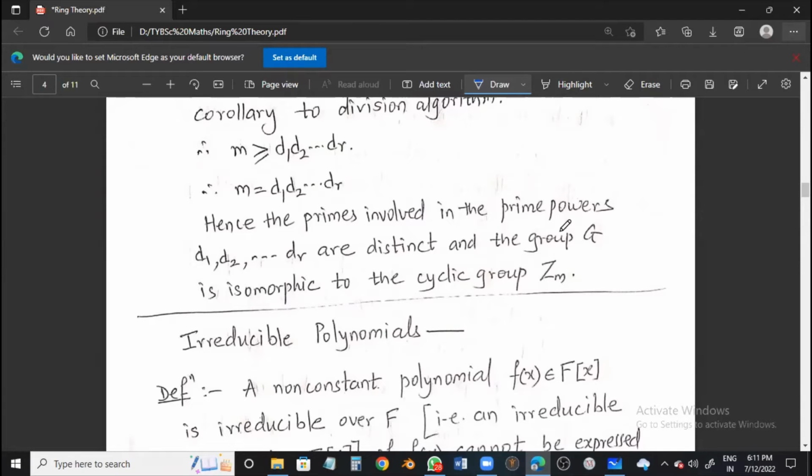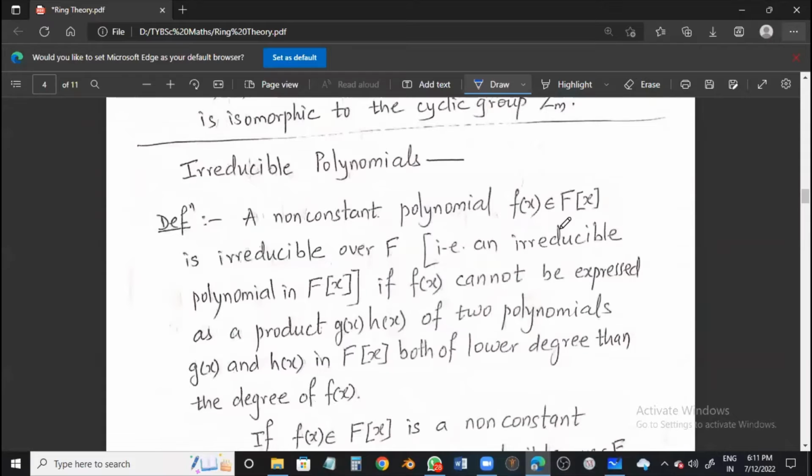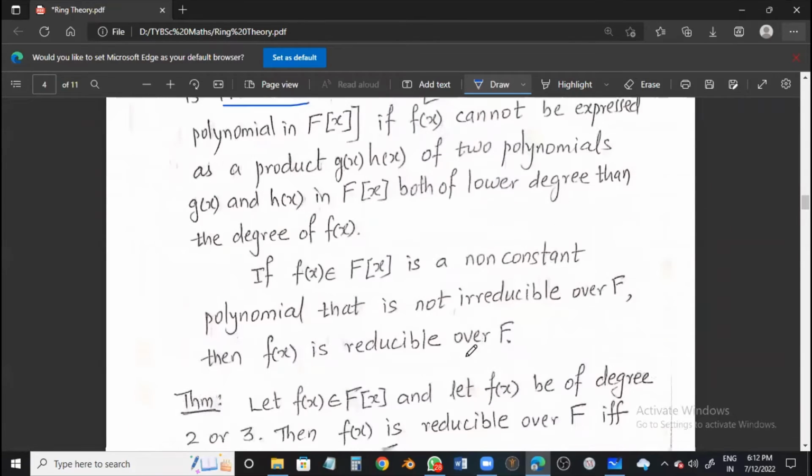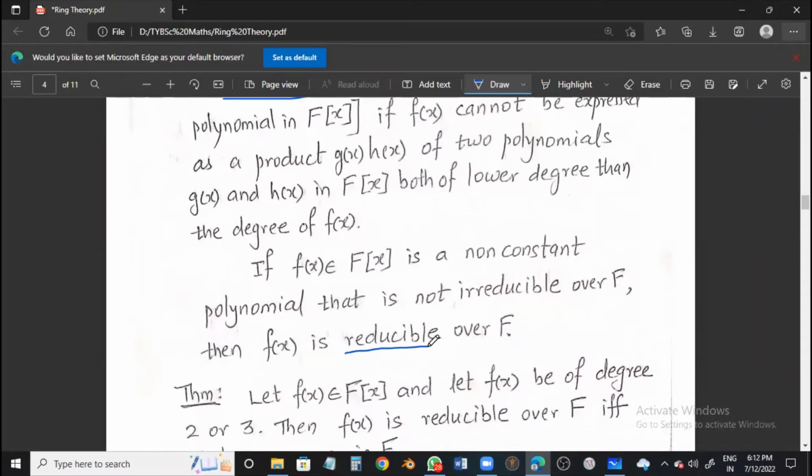All right. Now I go to the irreducible polynomials. What do we mean by a reducible polynomial? The polynomial which cannot be further factorized is known as irreducible. And the polynomial that can be factorized is called reducible. How are we defining it?